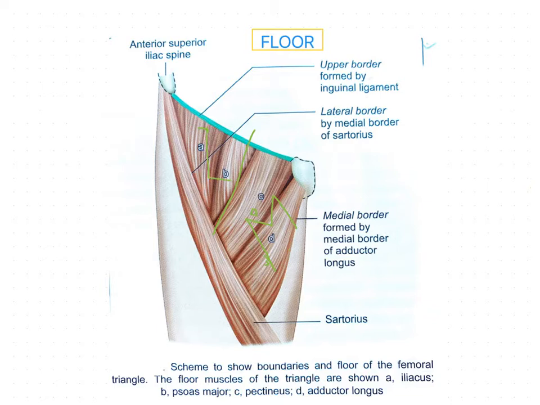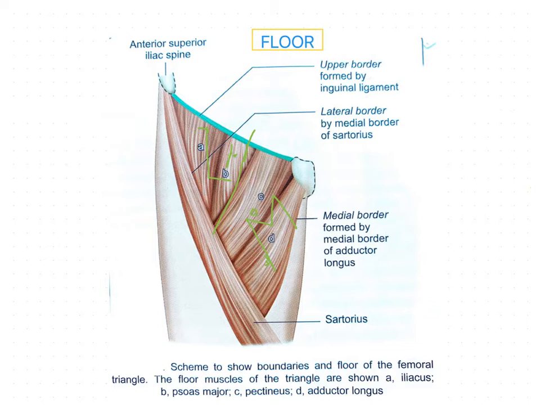Normally the tendon of the psoas major we can find at this part. So these structures form the floor of the femoral triangle.